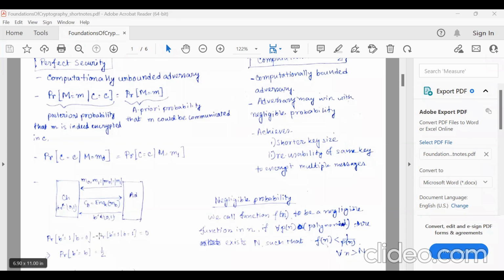So any random guess is able to give the correct answer with probability half. So the adversary should not have any extra advantage in that guessing work. So the probability that B dash equals B should be exactly half. So that is it. This is the concept of perfect secrecy that we initially introduced.